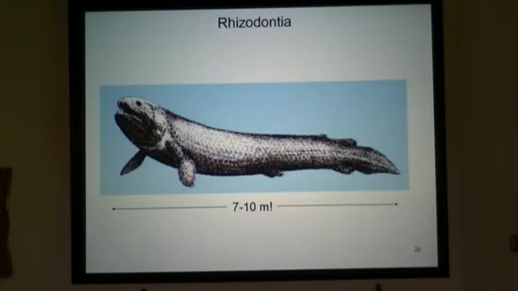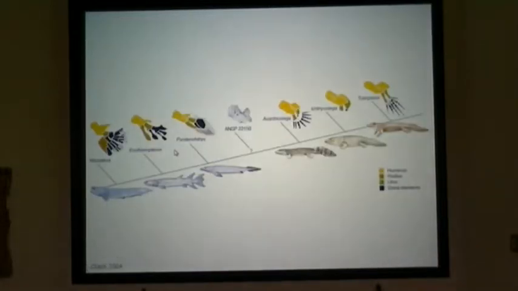But if we forget about the 10-meter ones and go back to the smaller ones, there are potentially some similarities in the lobe finniness and their general shape that make them not too far of a stretch from actually getting onto land. Things like having a ventrolaterally positioned pectoral fin, which is pretty unique for fishes, but these guys have it right on the ground, for instance.